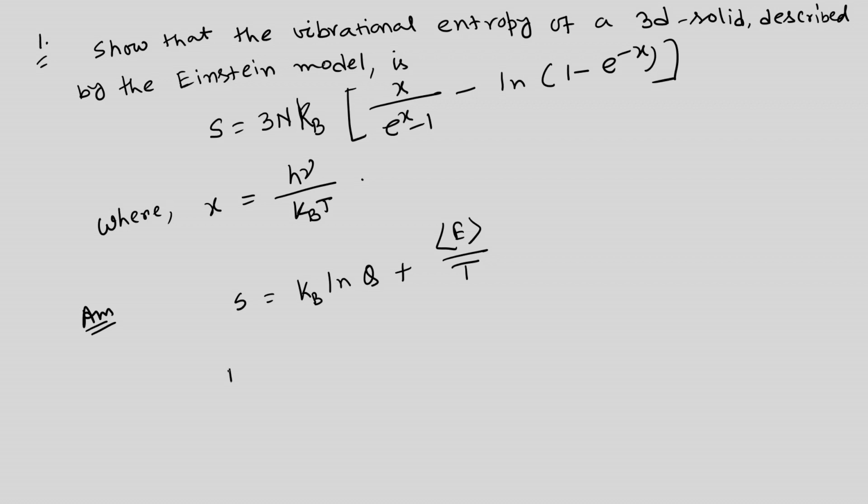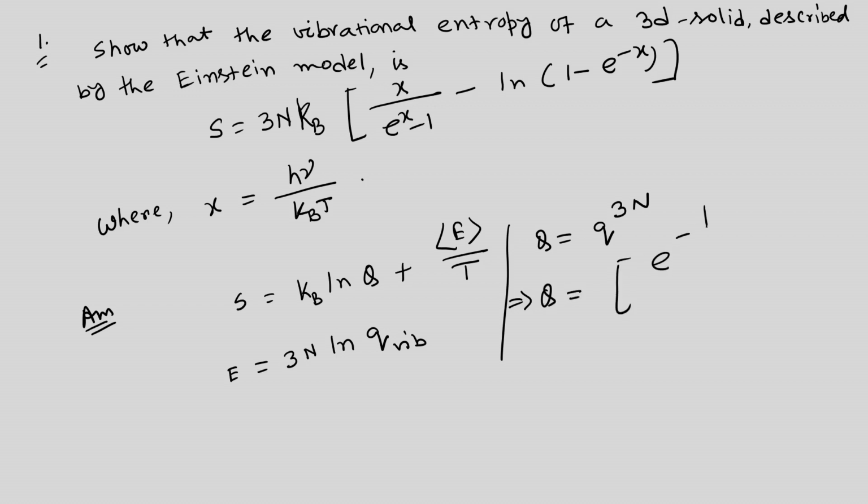So, E average is, with q being q vibrational to the 3n, or we can write q as e^(-βhν/2) divided by 1 - e^(-βhν).